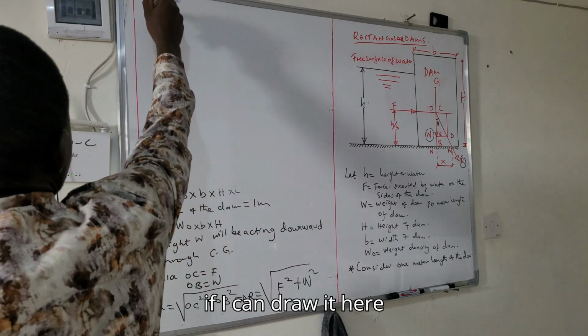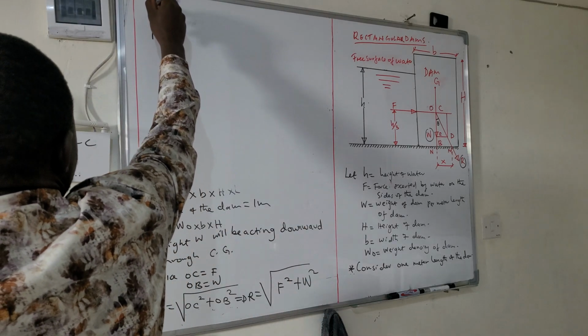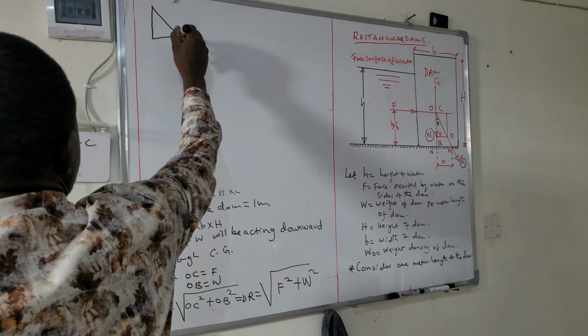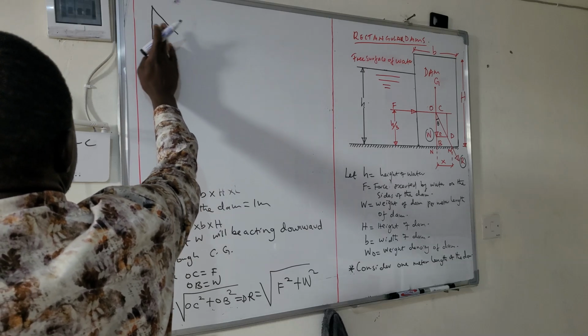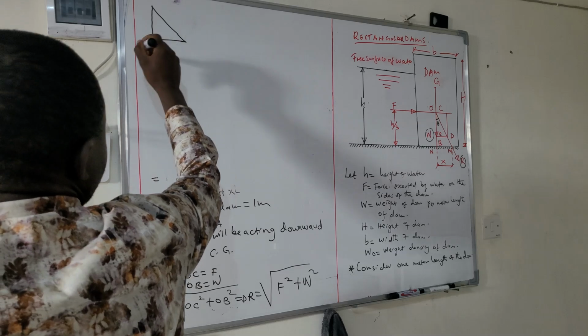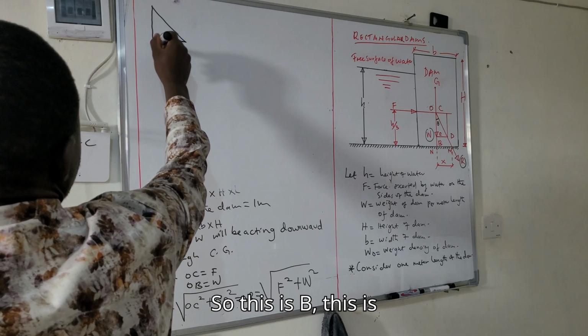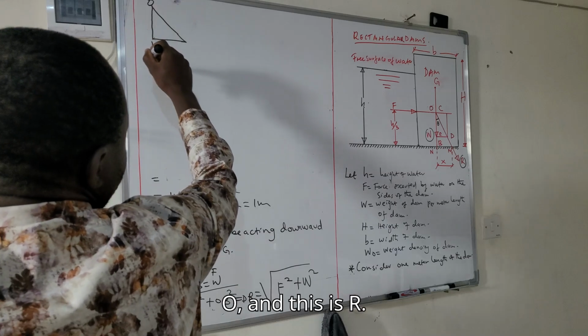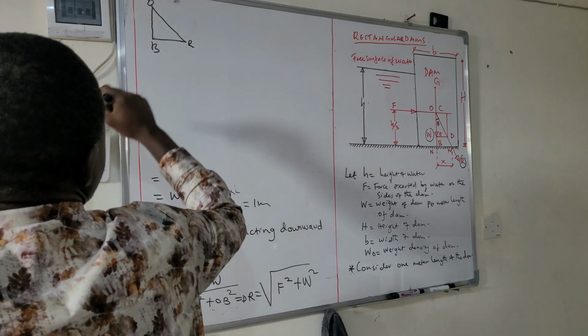If I can draw it here, this is B, this is O, and this is R.